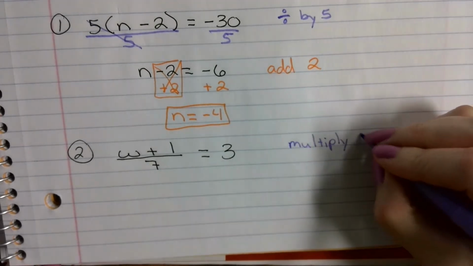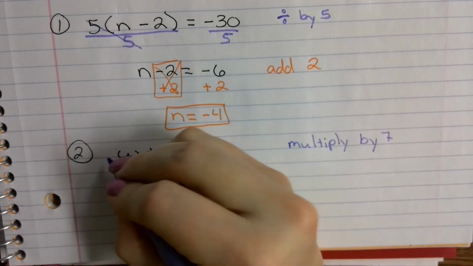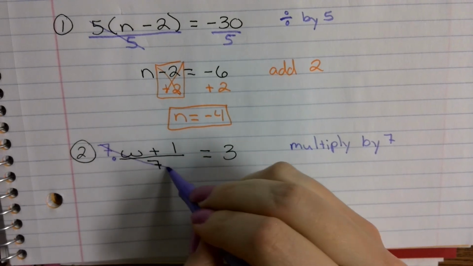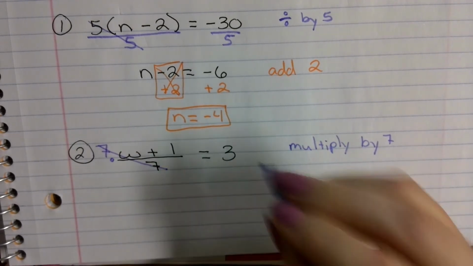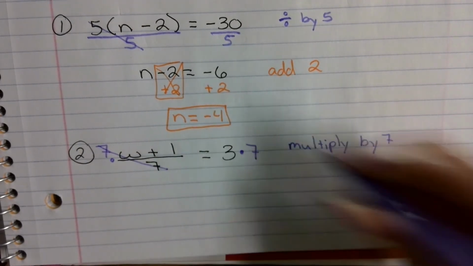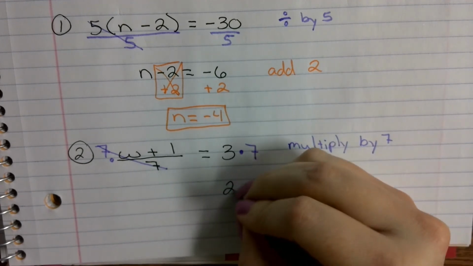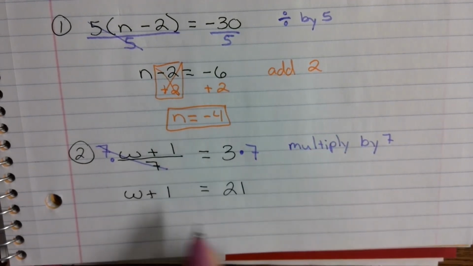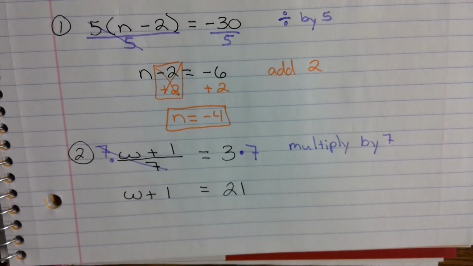So we're going to multiply both sides by 7. When I multiply by 7 here on the left side, that's going to simplify it to a 1. When I multiply the 3 by the 7, I'm going to wind up getting a 21. So I now have the problem W plus 1 is equal to 21.